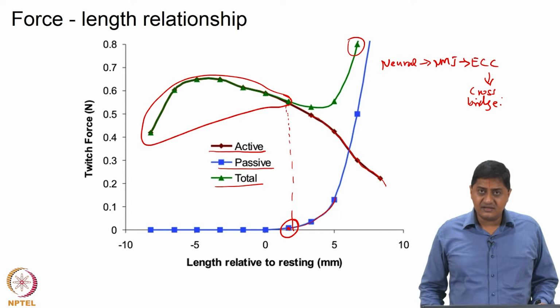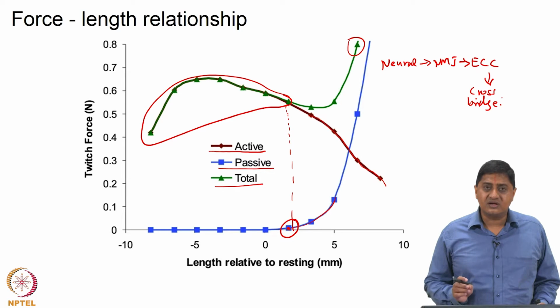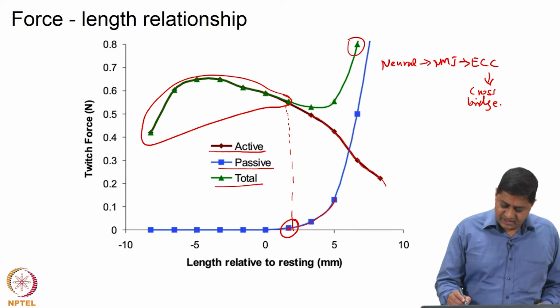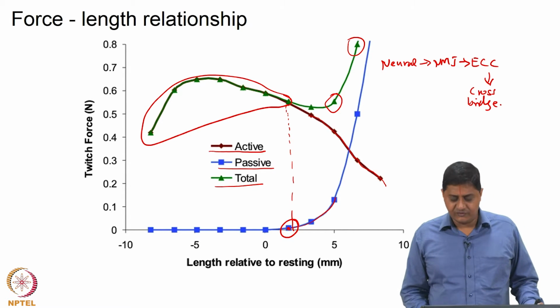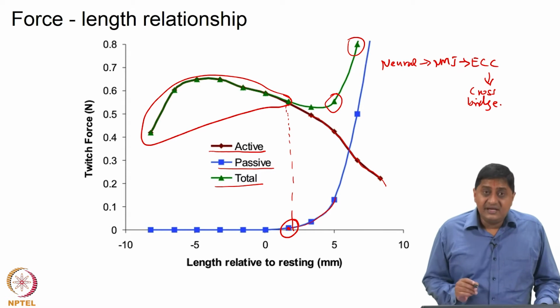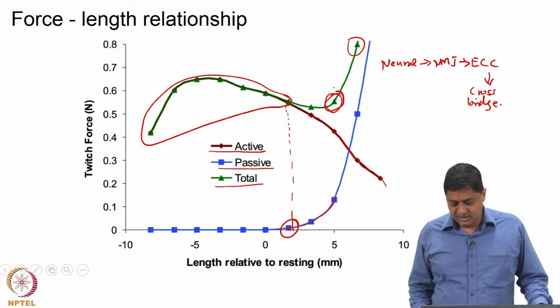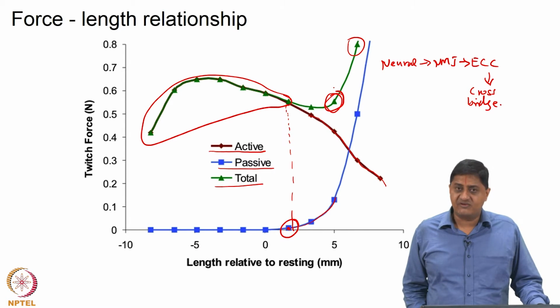Passive force on the other hand is caused purely by the passive properties of the contractile proteins that form the muscle. Now, let us remember, at any given point in time, if I am measuring the total force, it is not possible for me to estimate how much of this is coming from active force and how much of this is coming from passive force.